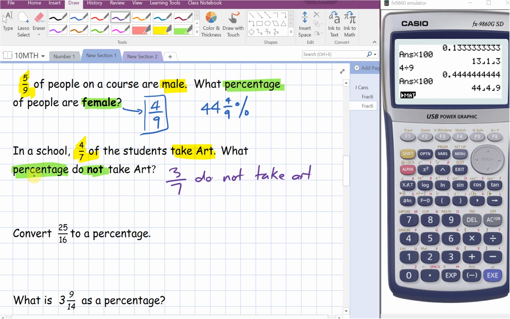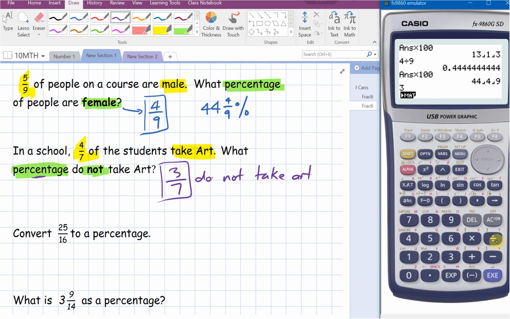Okay, and we're finding what percentage do not take art. So we want to change 3/7 into a percentage. So on our calculator, 3 divided by 7 times 100.